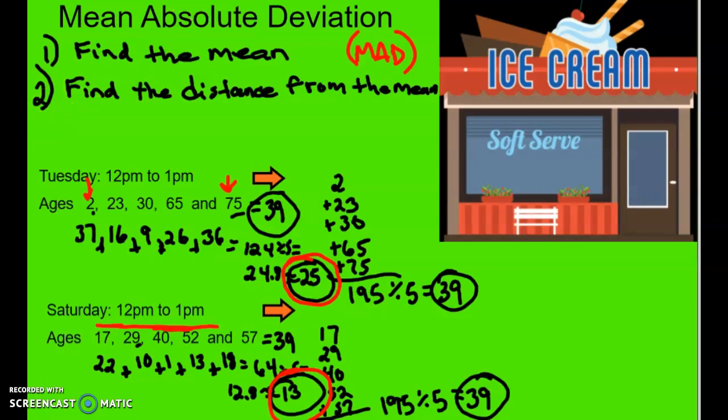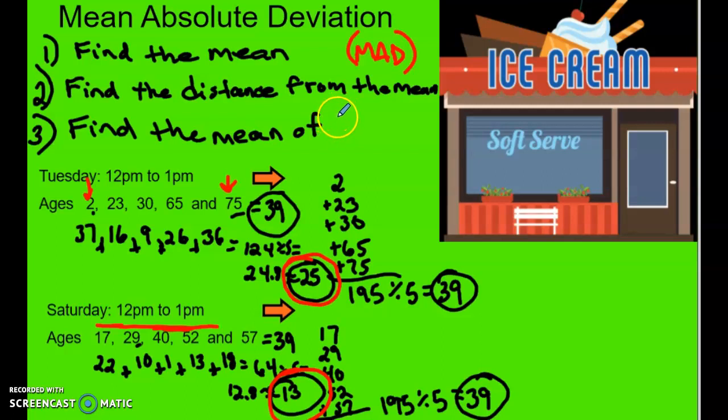So what I forgot to put in here in part 3 is that you want to find the mean of those differences also. So how to find the mean absolute deviation is, number 1, you want to find the mean of the data set of numbers. Sometimes they have you compare two lists, and sometimes they only have you do one list.